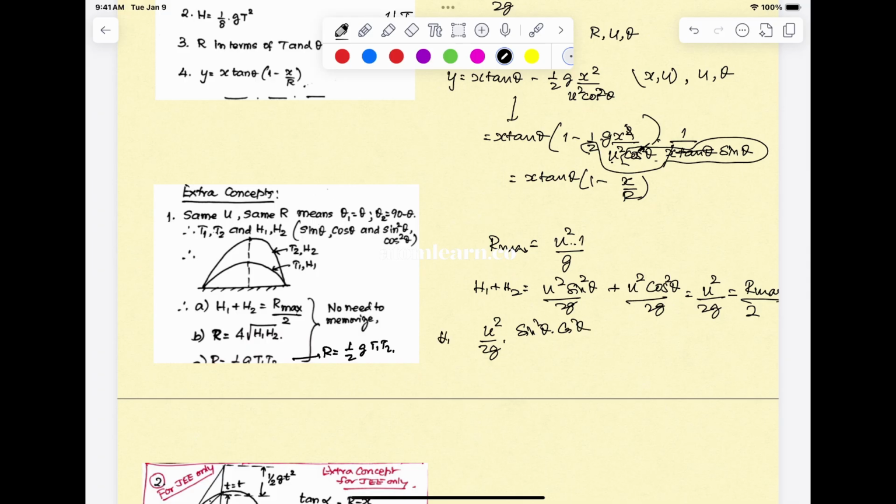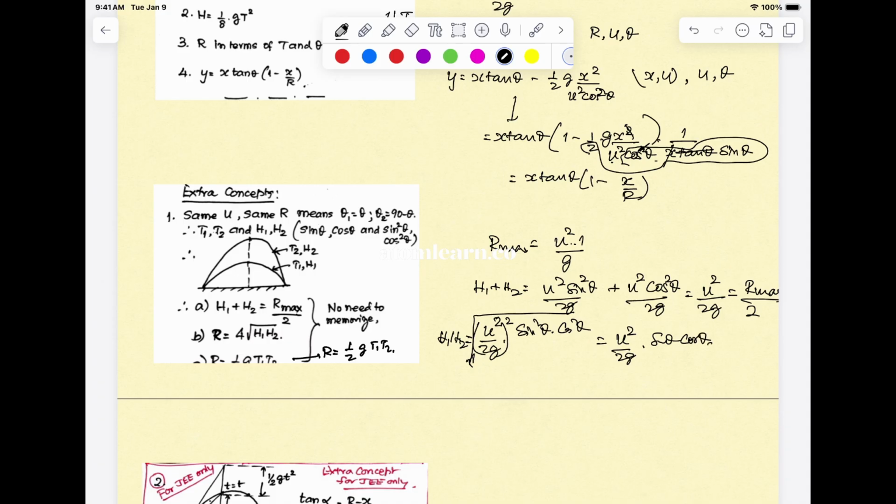This is h1 h2. Now you take the square root of this. Therefore, it becomes u squared by 2g into sin theta cos theta.